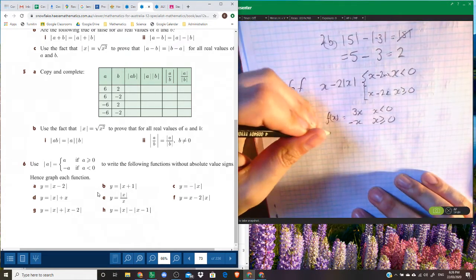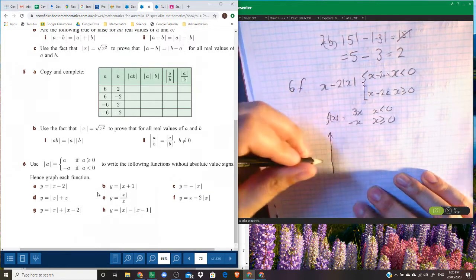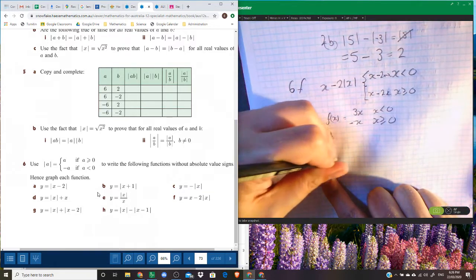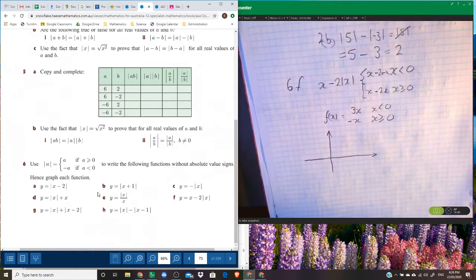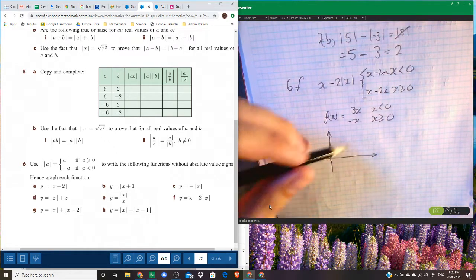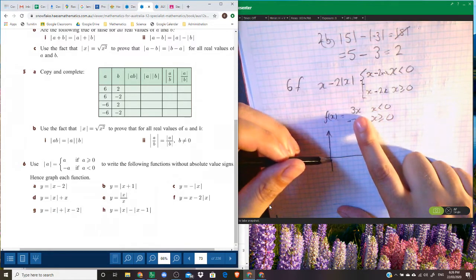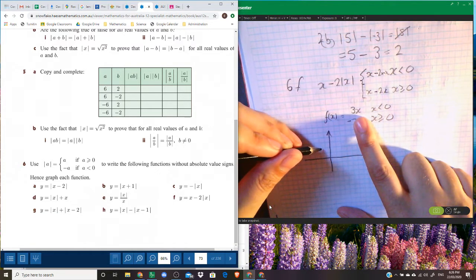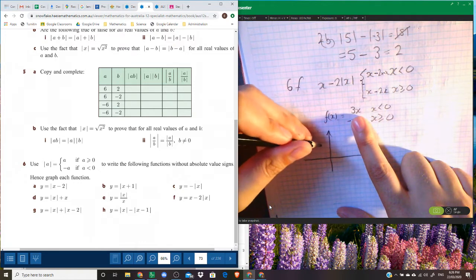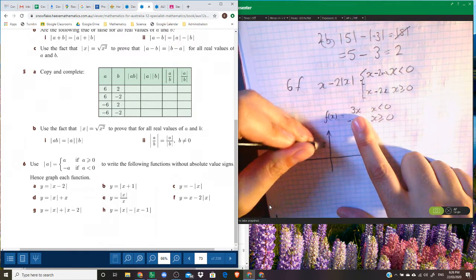Okay, put my axis on. So for values less than 0, it is 3x. So if I go back, minus 1 would be minus 3. So let's go back, minus 3 in the y.